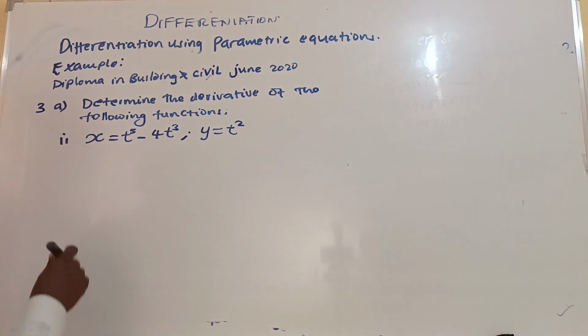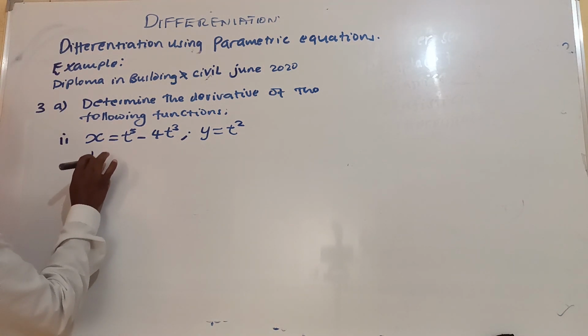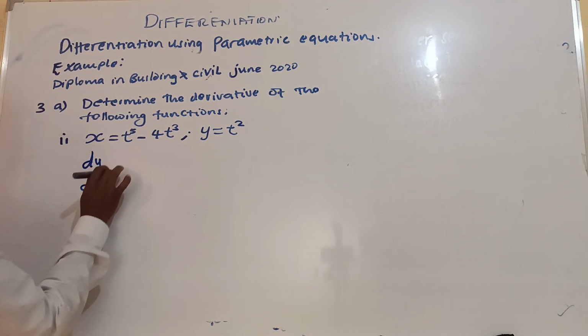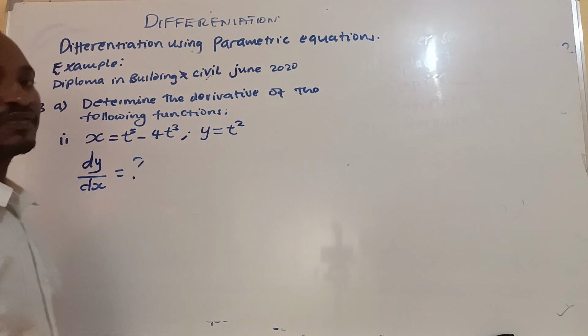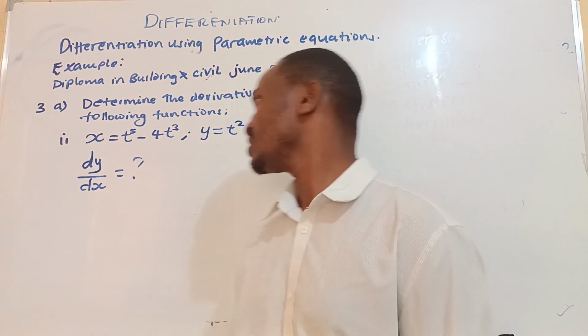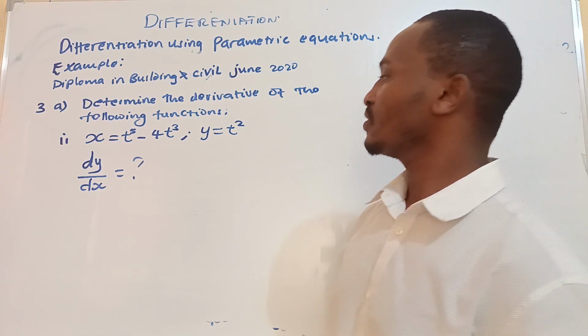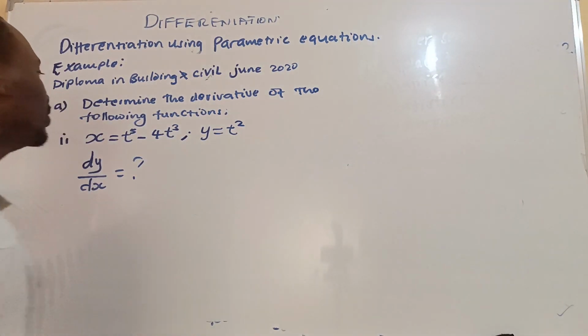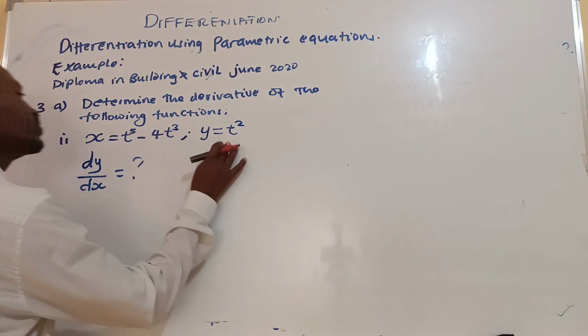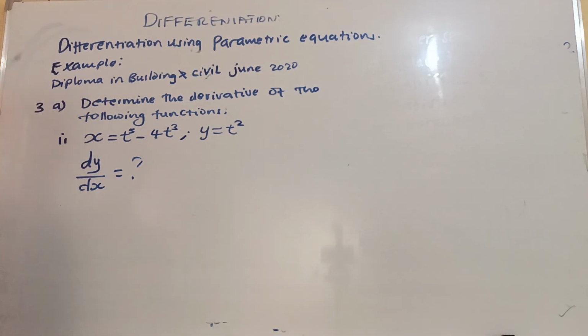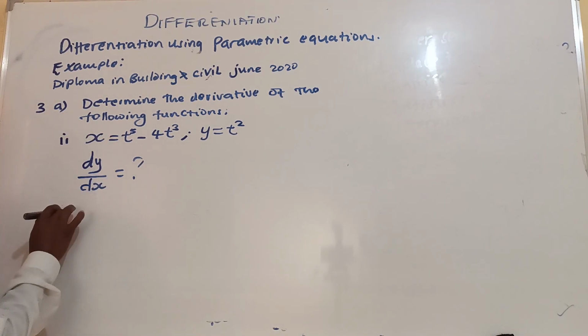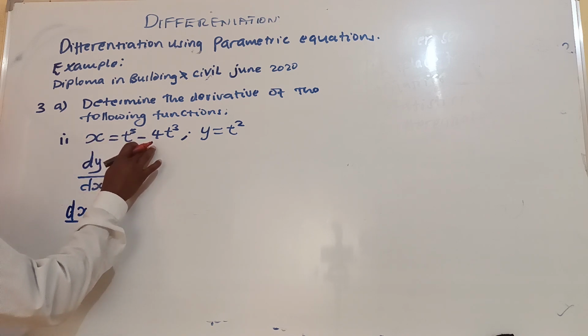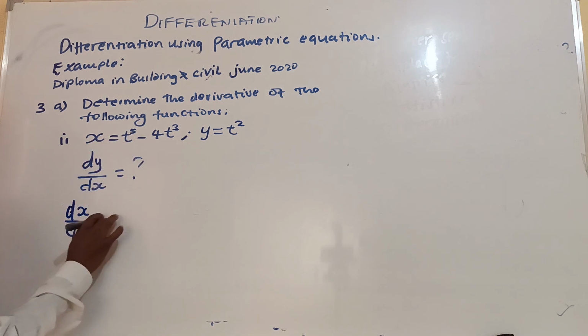Now we are expected to get the derivative of y with respect to x. So how do we go about it? We will differentiate the parametric equations. We take x, which is a function of t, and differentiate with respect to t.